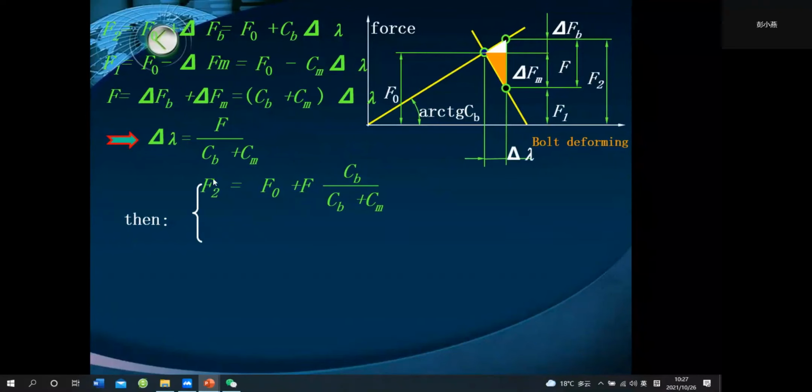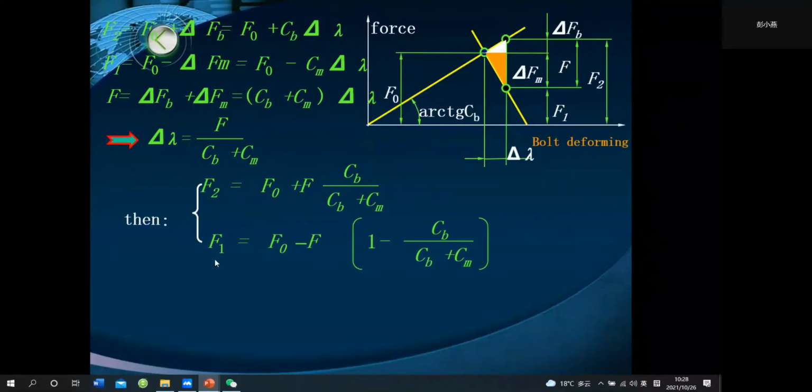The total force acting on the bolt is F0, the preload, plus Cb times delta lambda. Delta lambda is this, so it's preload plus the actual force times Cb divided by Cb plus Cm.